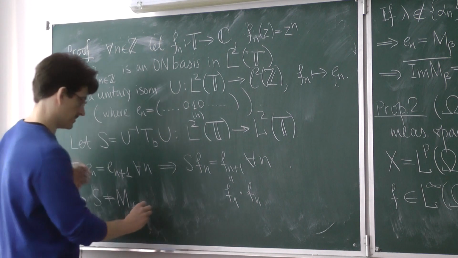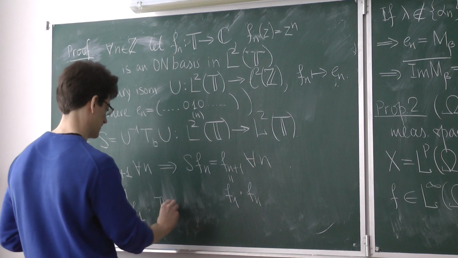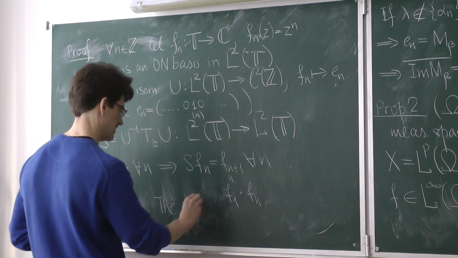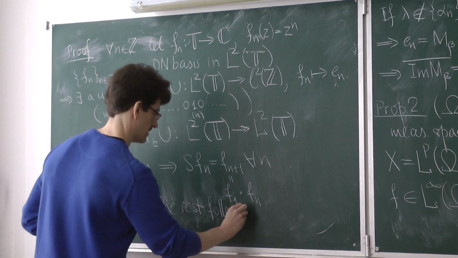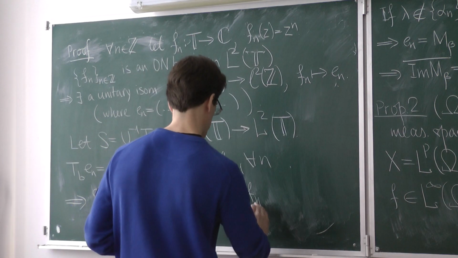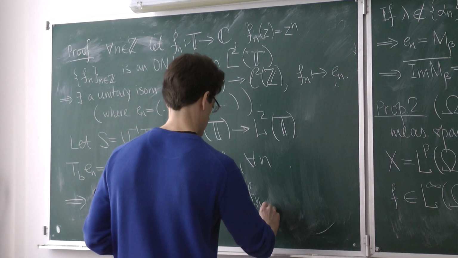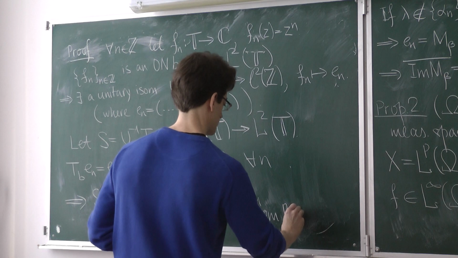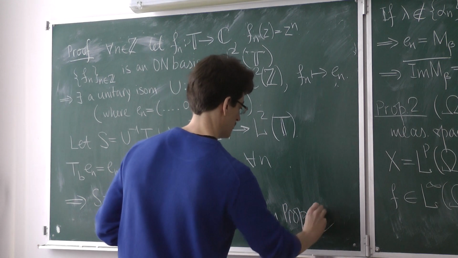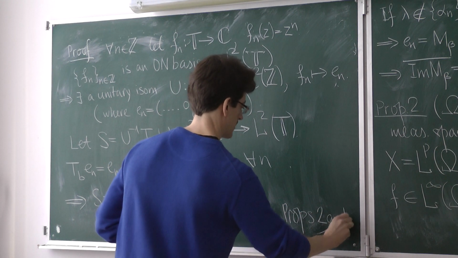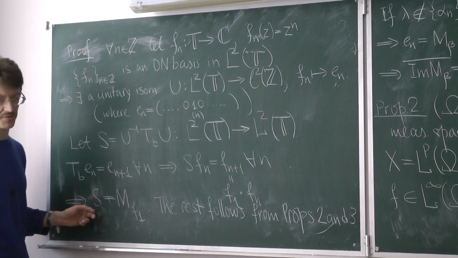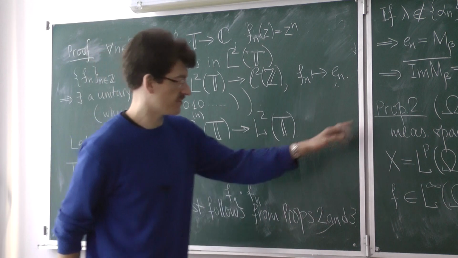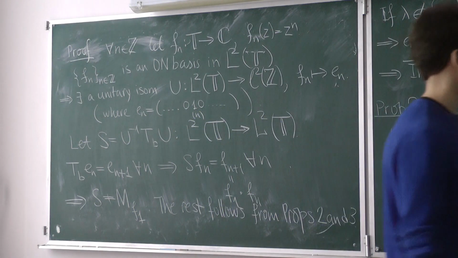And now the rest of the proof follows from the previous propositions, more exactly from propositions 2 and 3. So this is the multiplication operator, and we already know everything about the multiplication operator.